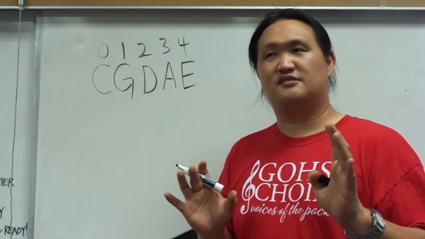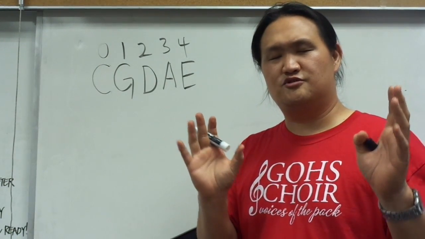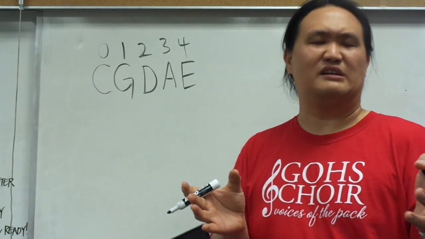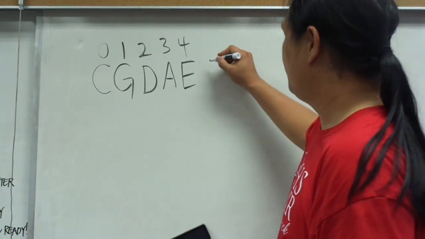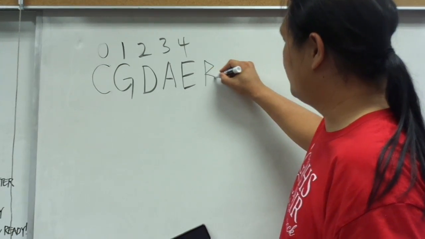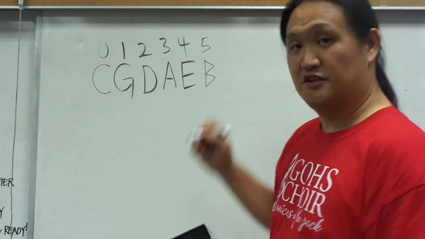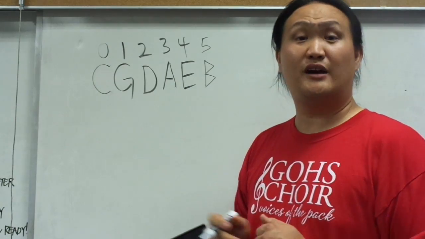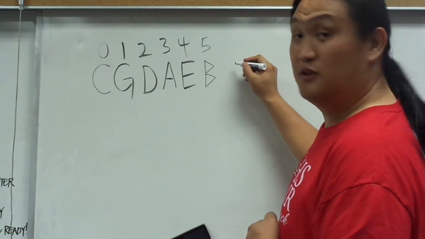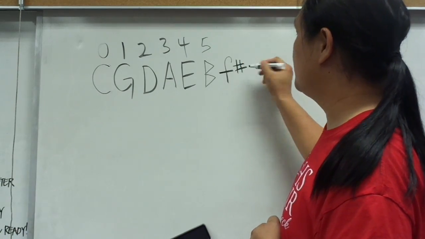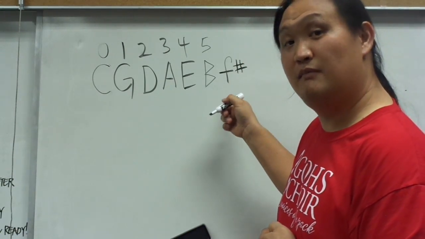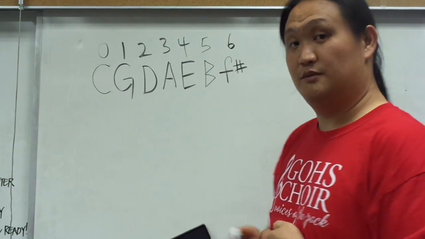You want to draw the Greek B, if you will, the one that looks very much like a Bluetooth sign. You have 1, 2, 3, 4, 5, so you have 5 sharps. And then you have an F sharp, lowercase f, 1, 2, 3, 4, 5, 6. In order for you to be in F sharp major, you need 6 sharps.